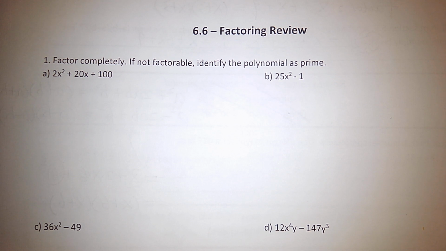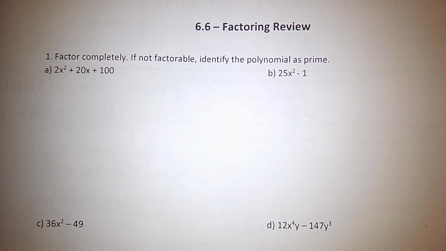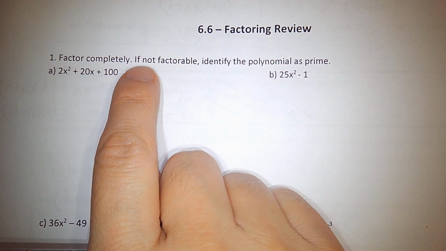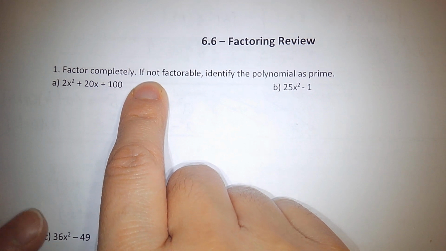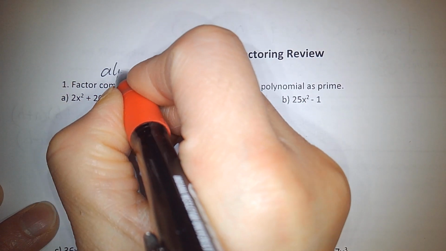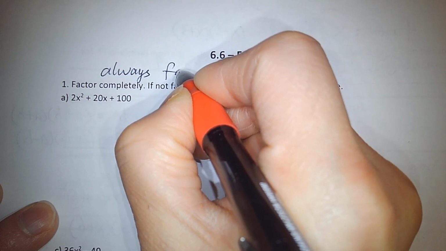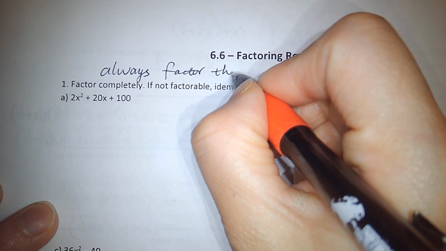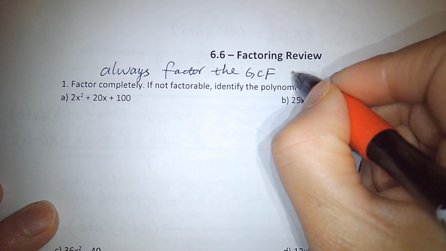Alright, so if we're going to summarize how to do factoring questions, at first, this is very important. I think I mentioned this many times. When we're doing a factoring question, always factor the GCF at first.